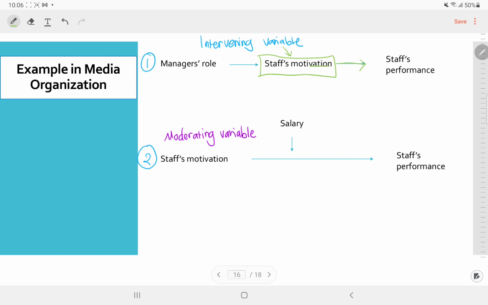When the staff's motivations increase, the staff performance will enhance. Okay, so we cannot omit these staff motivations. This is the key. And the second one, moderating variables.